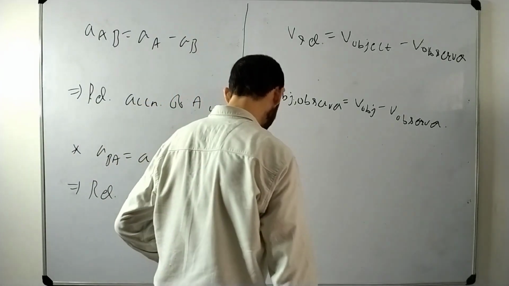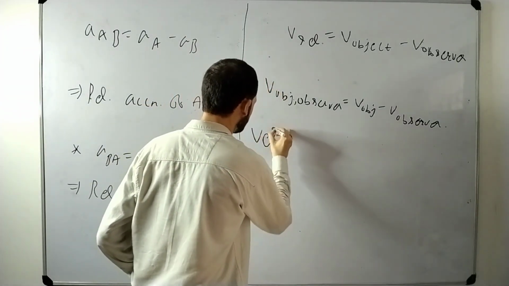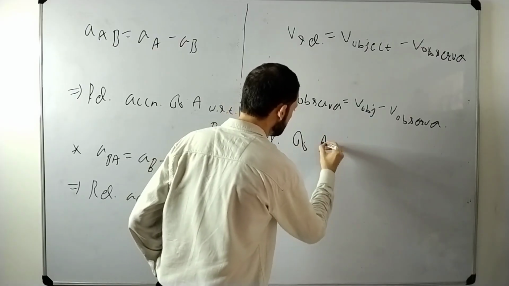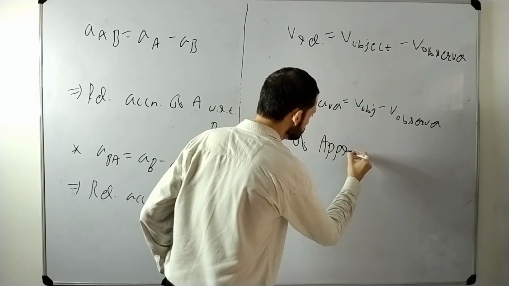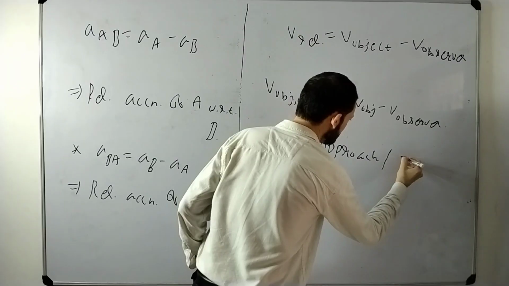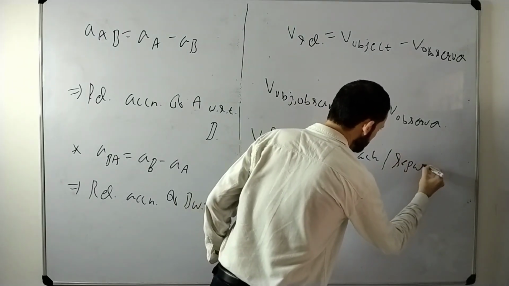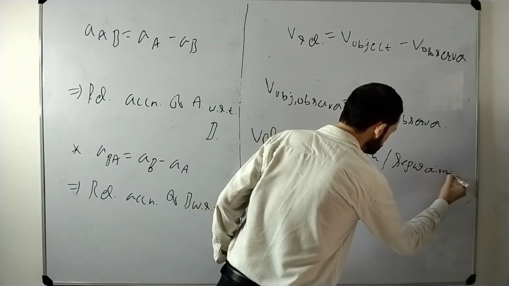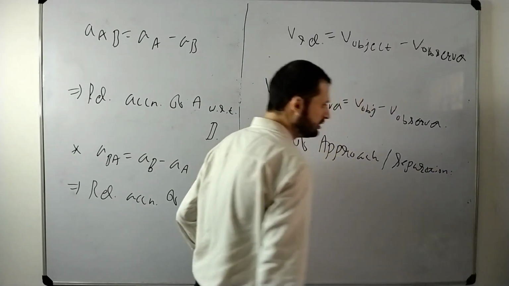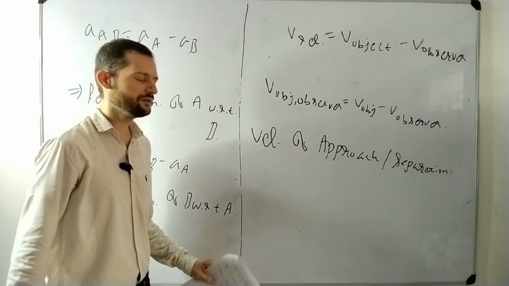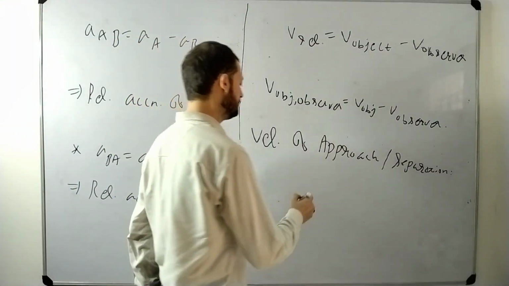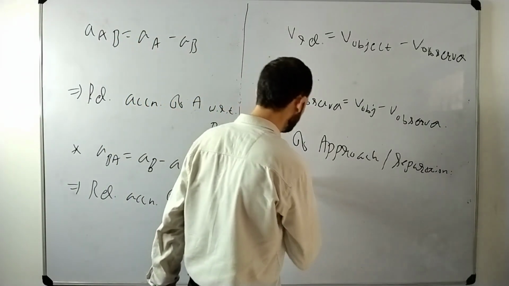So the thing, velocity of approach and separation. Let me discuss the two. So approach is basically what, students? Two objects are approaching each other. Yes sir, we know this.